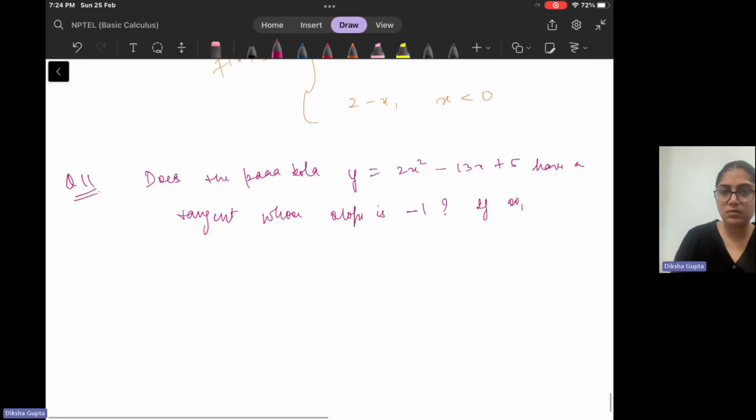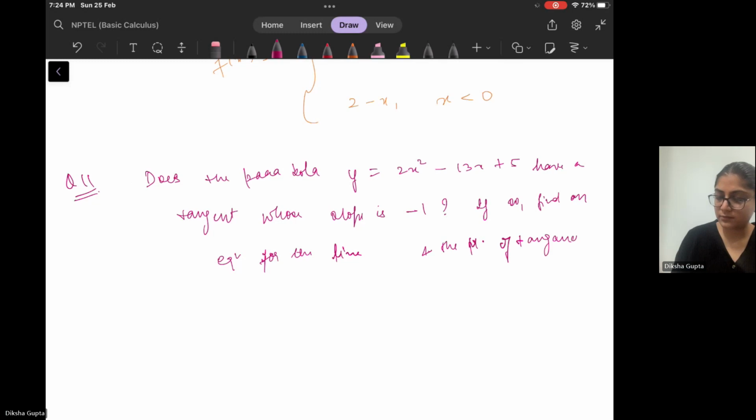If so, find an equation for the tangent line and the point of tangency. The question says, does this parabola have a tangent whose slope is minus 1?